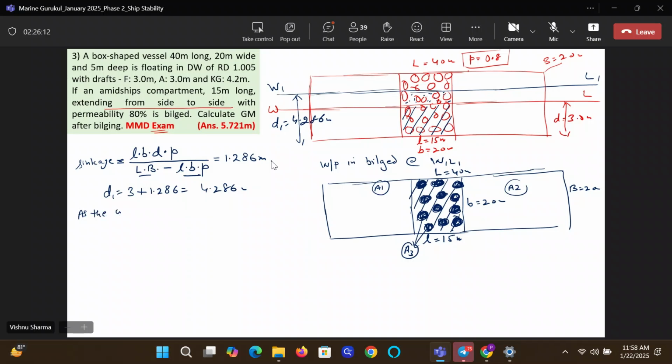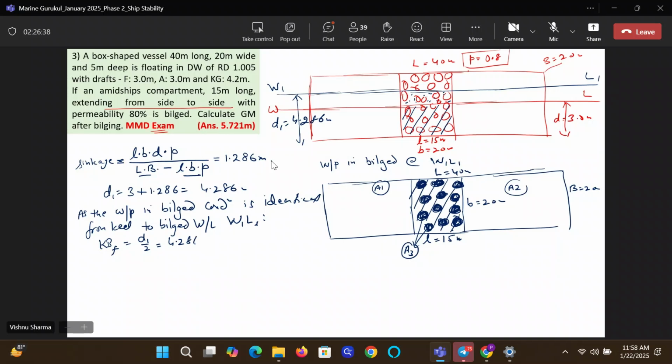As the water plane in bilged condition is identical from keel to bilged waterline, W1 L1 AB in the final condition will be equal to D1 by 2, equal to 4.286 by 2 meters, equal to 2.143 meters.